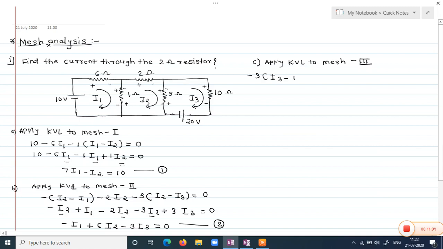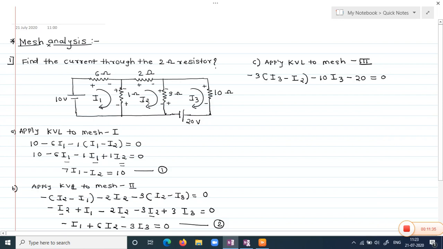minus I2. Then the same I3 is flowing through the 10 ohm resistor, here positive to negative, so minus sign, minus 10 I3. Again this I3 will flow from positive to negative, means minus 20 over here, minus 20 is equal to 0.